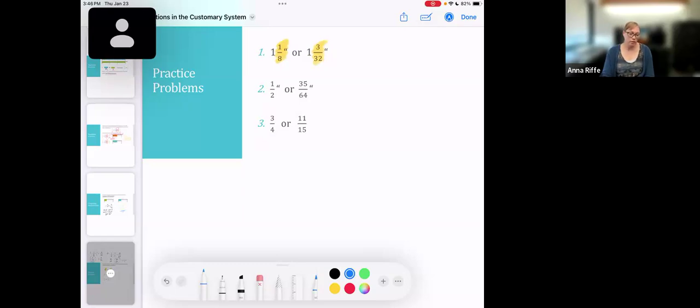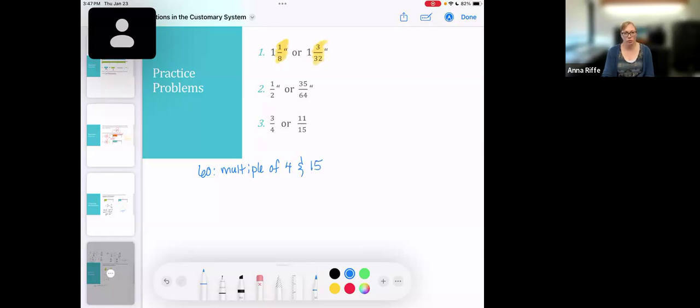And to do that, you want to find some number that is a multiple of both denominators. So a multiple of 4 and 15. And yes, I see 60 in the chat. That's great. So 60 is a multiple of both 4 and 15.